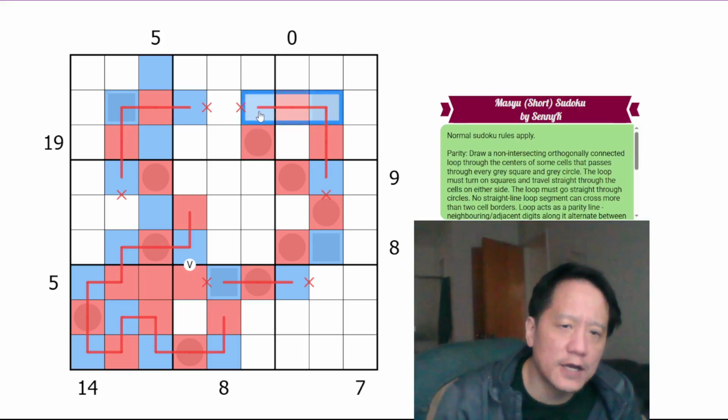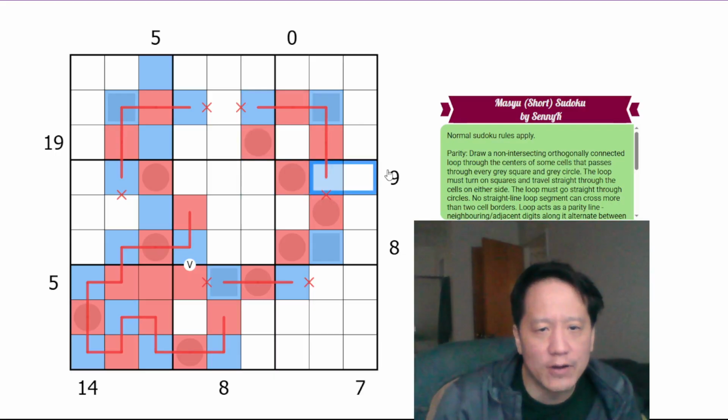So you cannot have it going in here and here. So one of these has to go out.